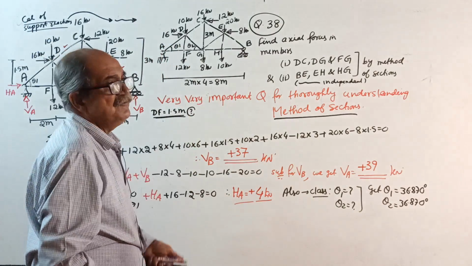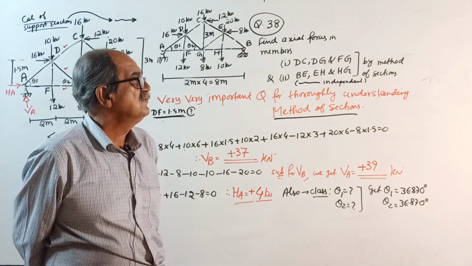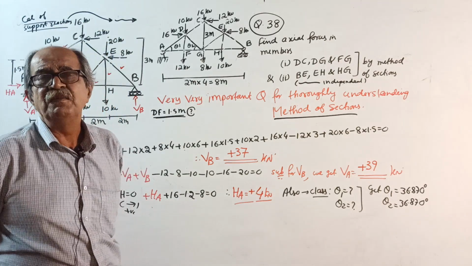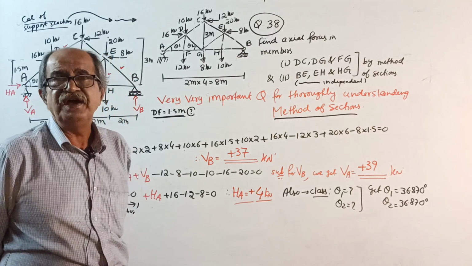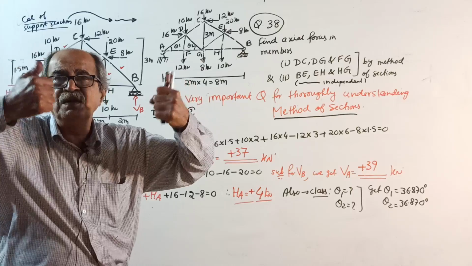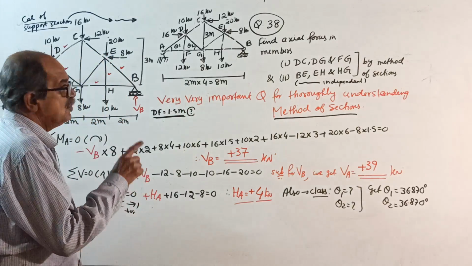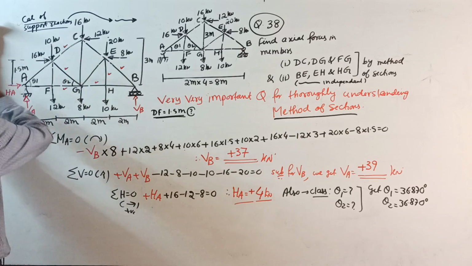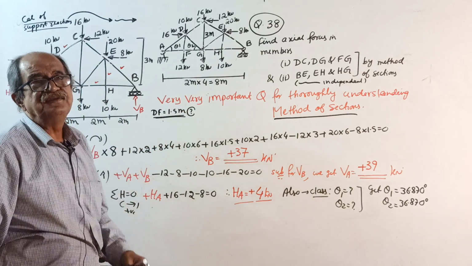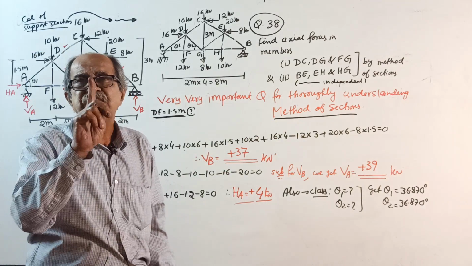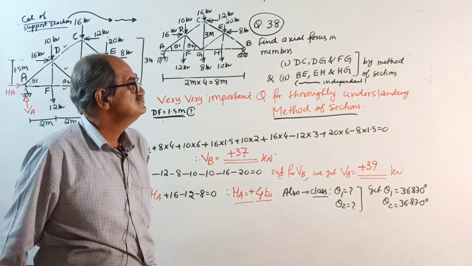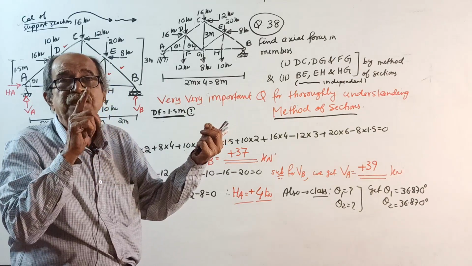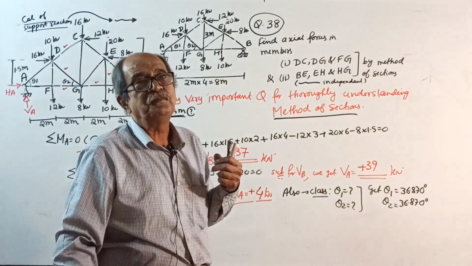Now what I will do is, only for today's class: when you consider a section, I told you to consider equilibrium of any one side. Today I have decided on one question for very firm control. We will go for both options. We will see what happens if you consider equilibrium of the left side and what happens if you consider equilibrium of the right side. 100% the answer will come the same. Sometimes I will trap you: if you look at the left side and the answer comes plus, and if you look at the right side, instead of plus, what will come?